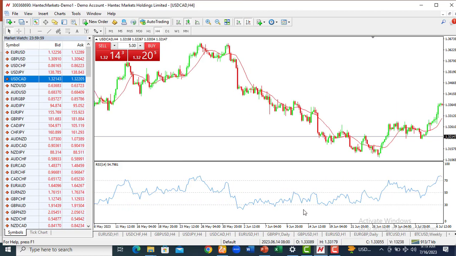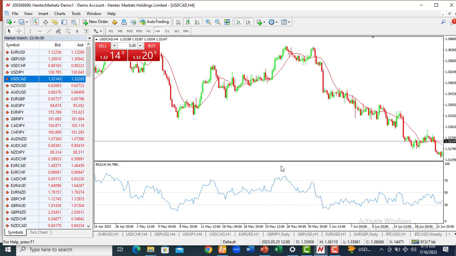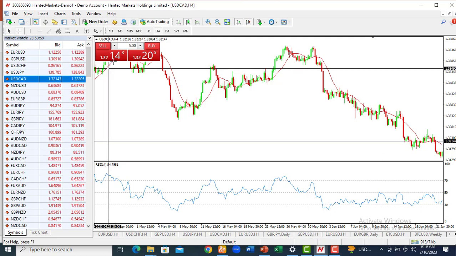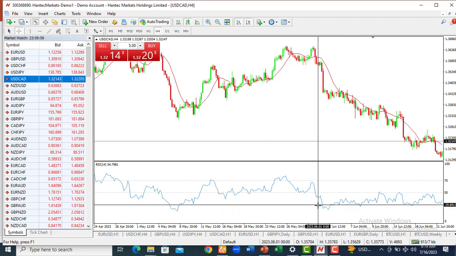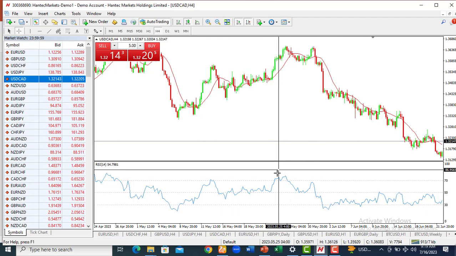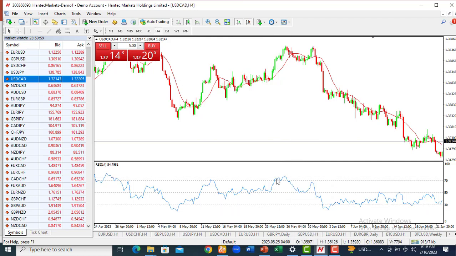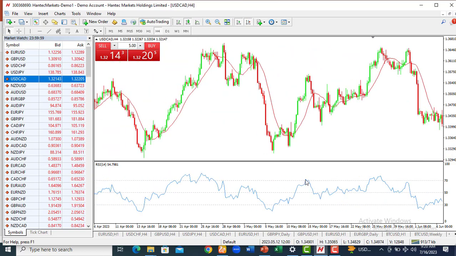Comes close to 30, just within the range, it goes up. Close to 70, it finds it difficult to break 70. It finds it difficult to break 30. You can see the 30 level here. It finds it difficult to break below, and difficult to break above. At the 70 level, it comes down.